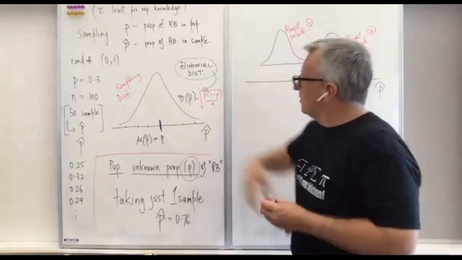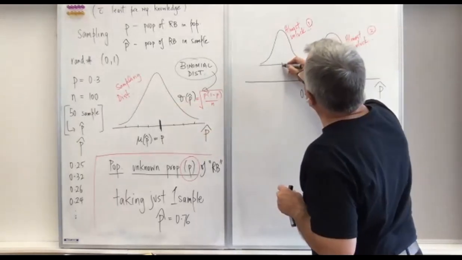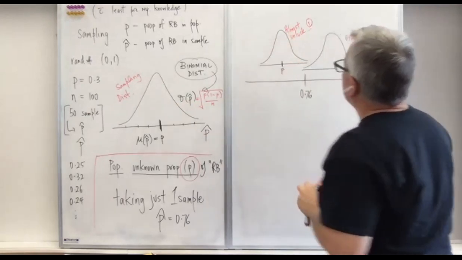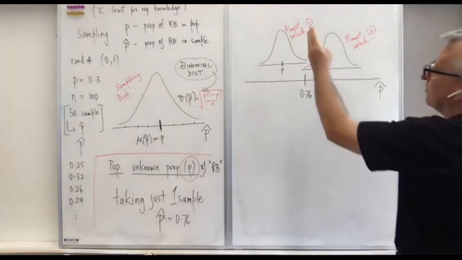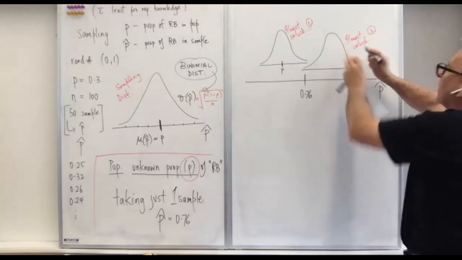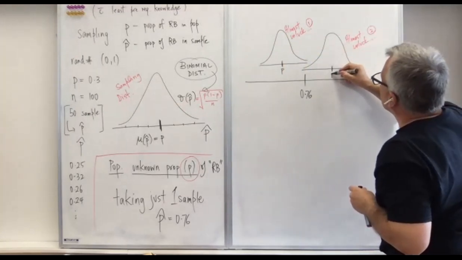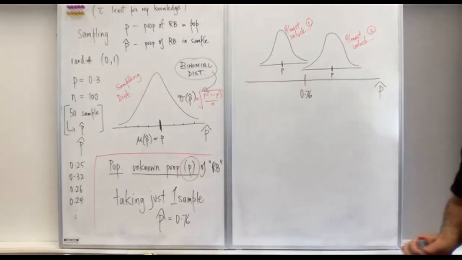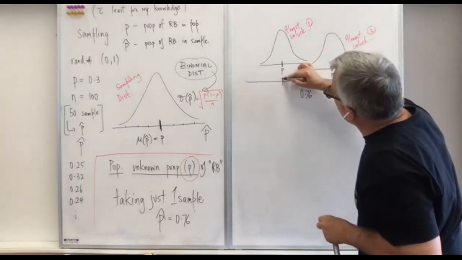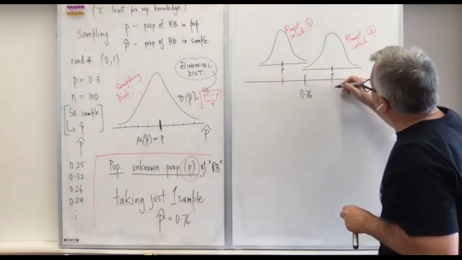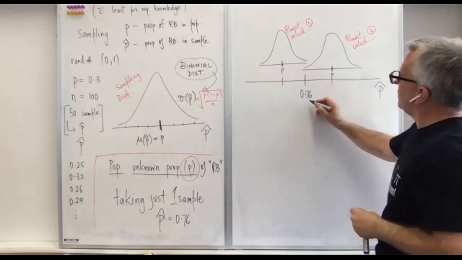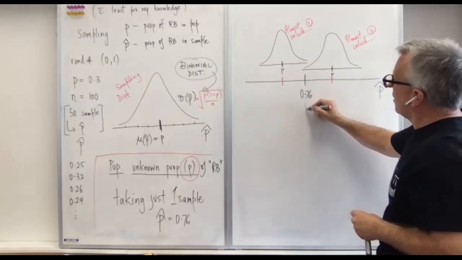But from our little piece of theory over here, we know that if this was the situation, the population proportion would be there, even though we don't know what it is. And if this was the case, the population proportion would be there. And so what we can create with this logic is an interval, and an interval that is centered on this guy, p hat.